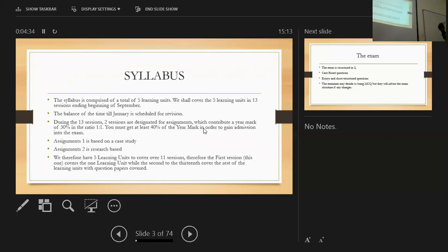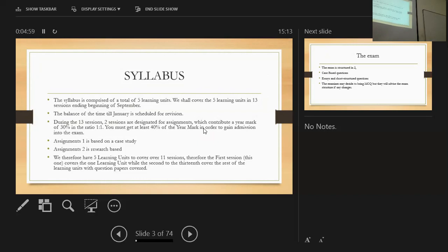Then assignment 1 is based on a case study. So there's a case that's given. Then assignment 2 is research based. So how we are going to do this is you and I are going to discuss the assignment in class.